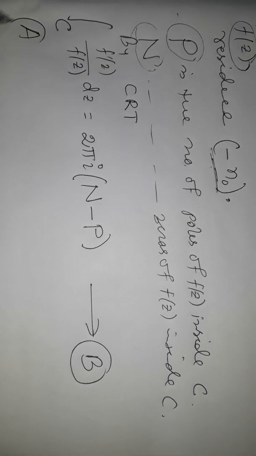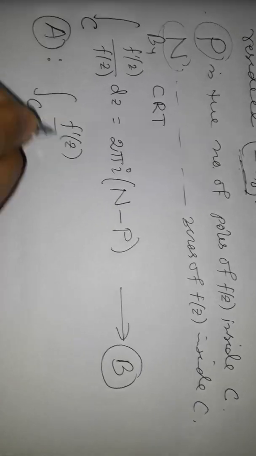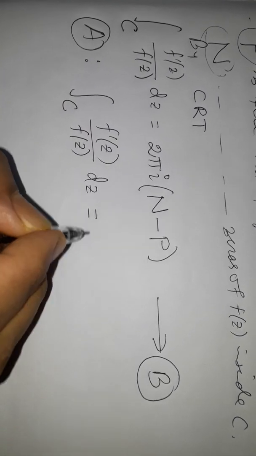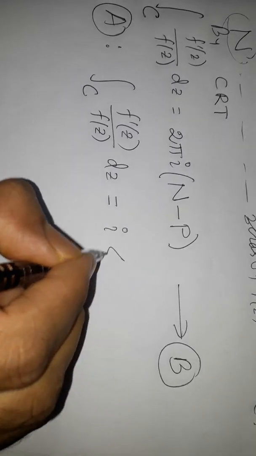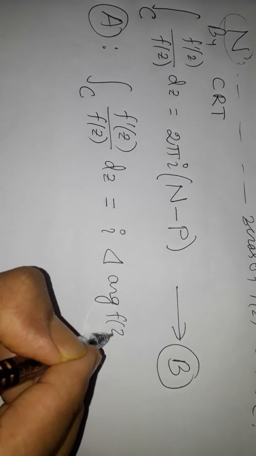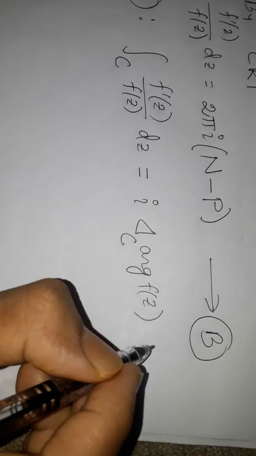So what was a? A was the value of this contour integral evaluated by the other method, and we got i times the difference of argument of f z over the same curve C. So this was a.